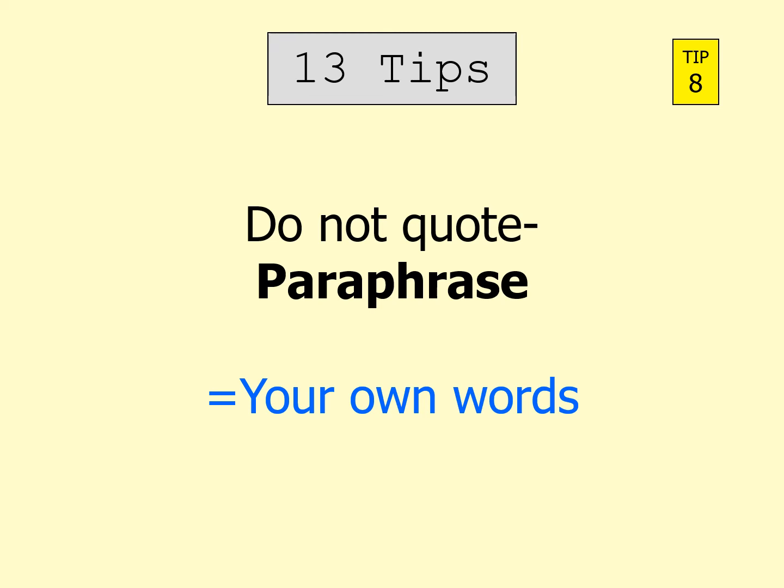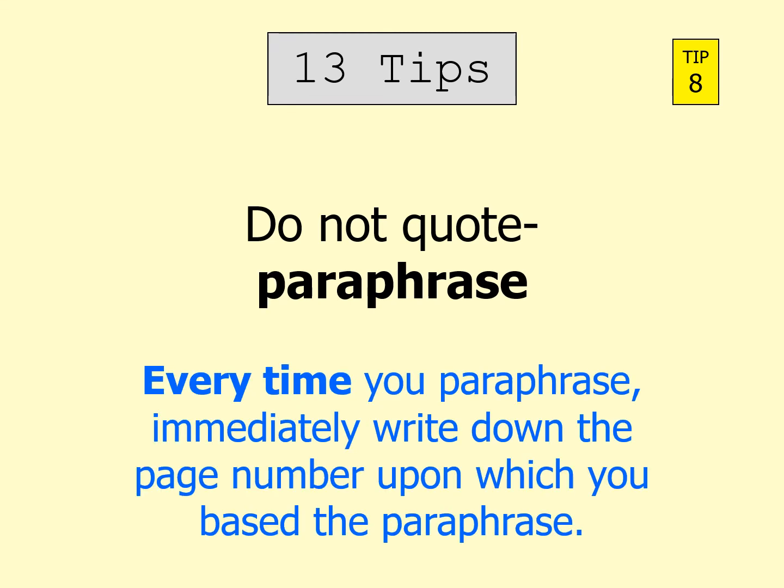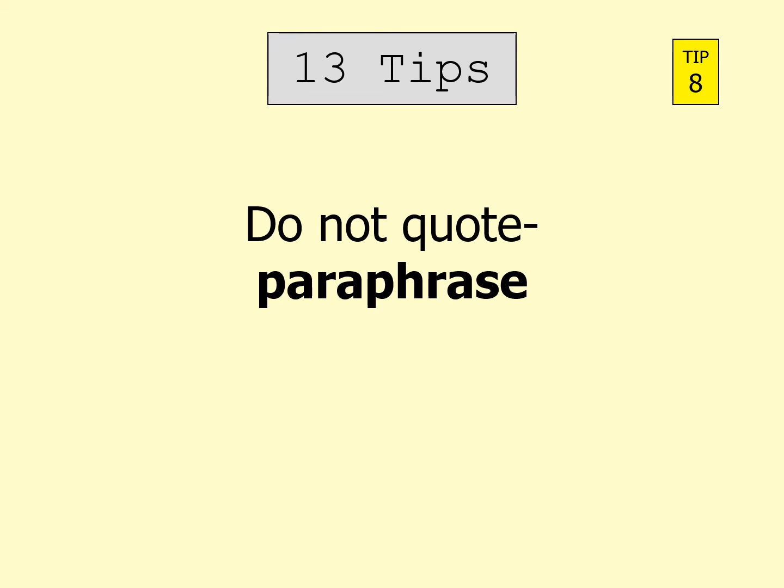A reminder before we continue. Every time you paraphrase, immediately write down the page number upon which you base the paraphrase. If you don't, it's going to be difficult to find it later. Paraphrasing is so important and so effective that you could write an entire philosophy paper without ever quoting.